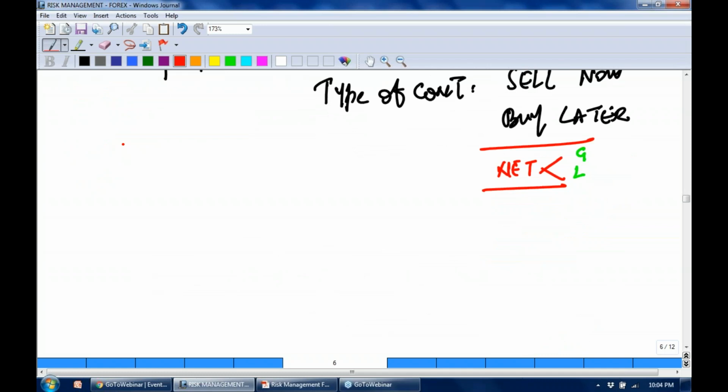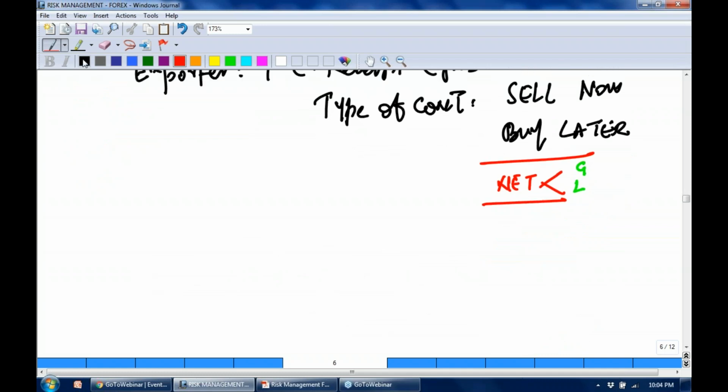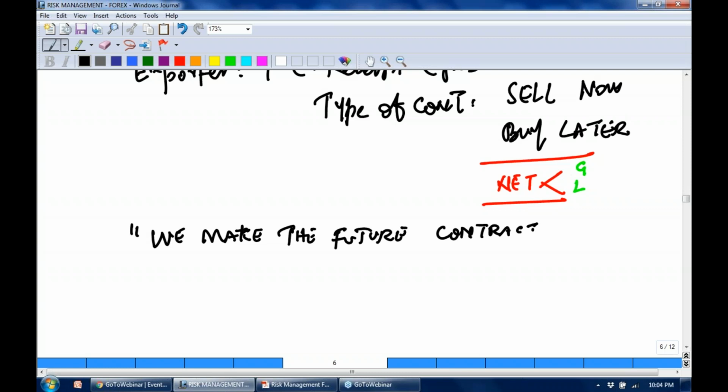And the important thing is that when we make the future contract, that means we are the holder of the contract. This is the most important thing we have to know.